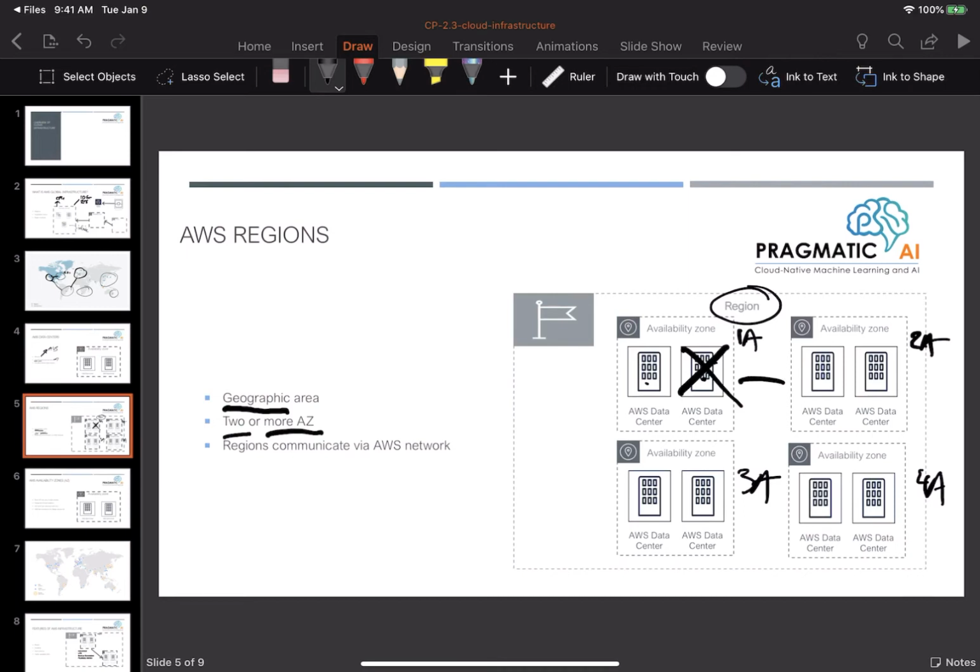So there is a charge for moving data back and forth, and it's up to you to decide how to do that. But there is a very high speed connection between these actual physical data centers as well. So that's something to be aware of when you're dealing with these availability zones. And a few other things to talk about: AWS will never move your data out of a region where you put it.